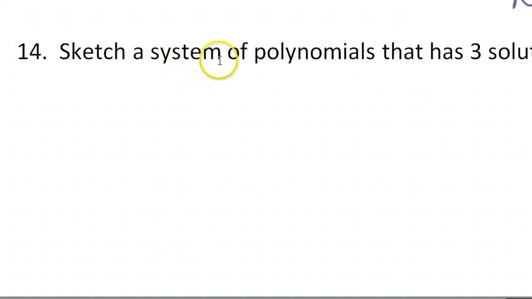So our job on problem number 14 was to sketch a system of polynomials that has 3 solutions. There are a lot of ways to do that. One easy way would be to do a cubic and a line.